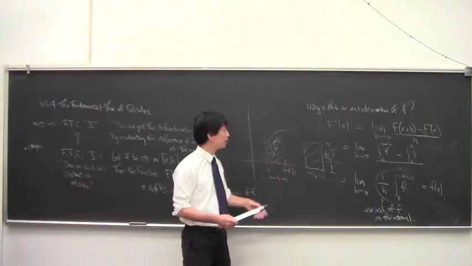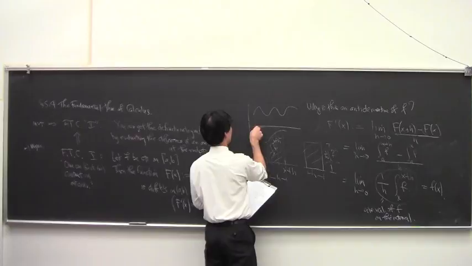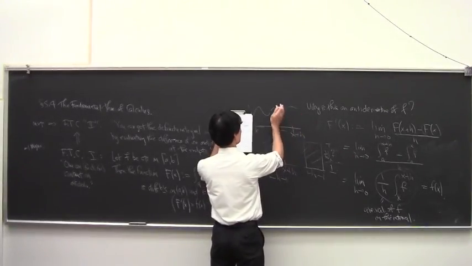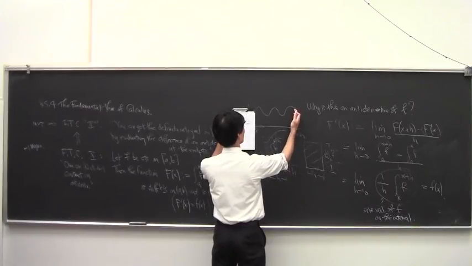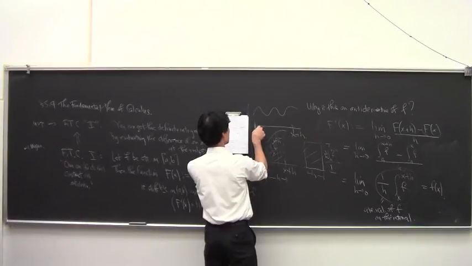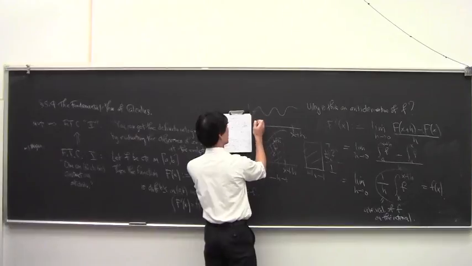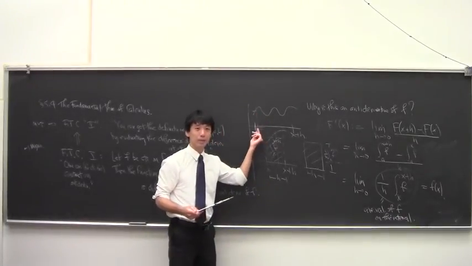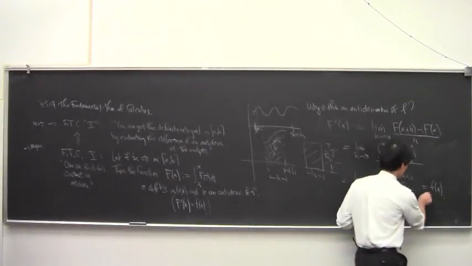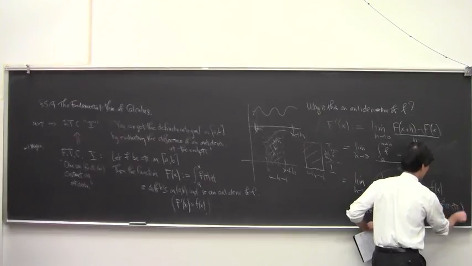Everyone see that? Maybe it wobbles around a lot. Over here the averages are changing, but as you take smaller and smaller intervals, the average value is going to get closer and closer to just f of x itself, because of the continuity of your function. So this is really because f is continuous.